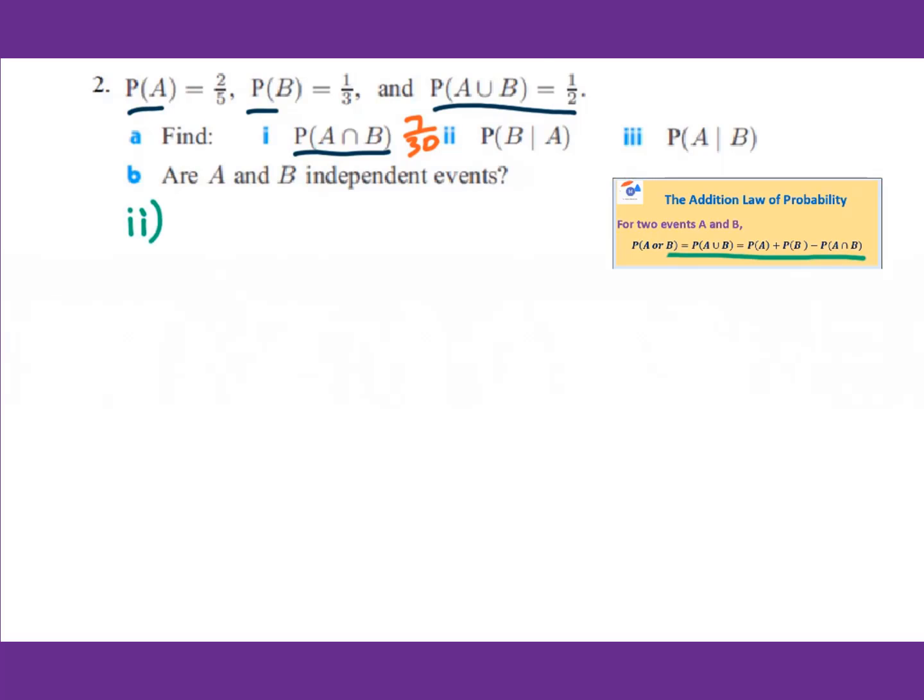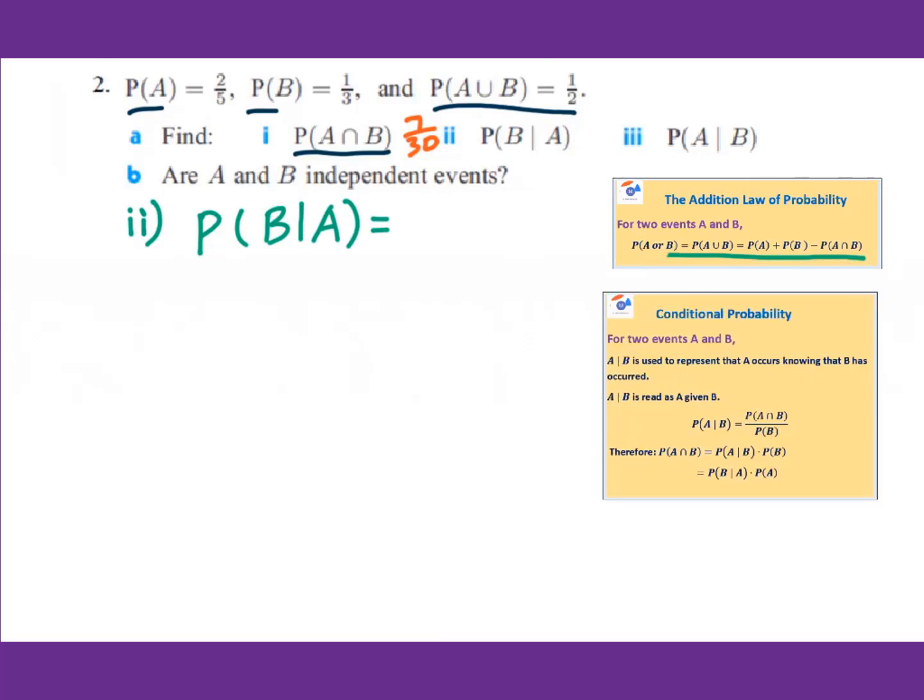For the second one, the probability of B given A. Using that formula, you will get the probability of B and A over the probability of A. You will get 7 over 30 over 2 over 5.